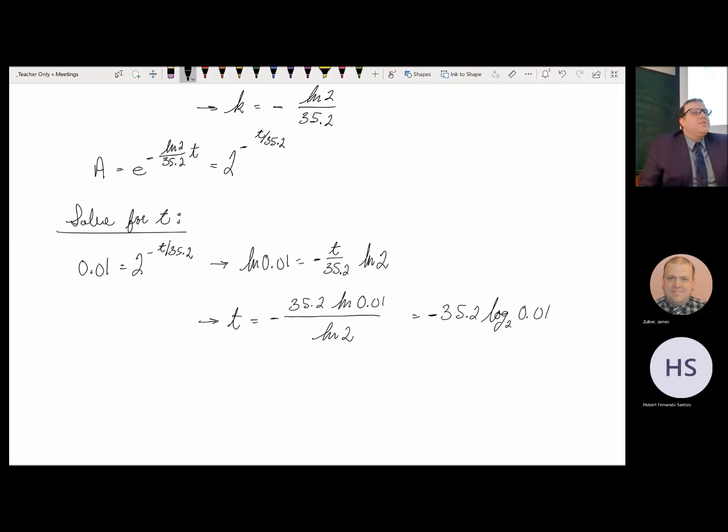Does this answer make sense? Without plugging it in, just looking at it, does it make sense? Well, the log of anything under 1 is negative, right?